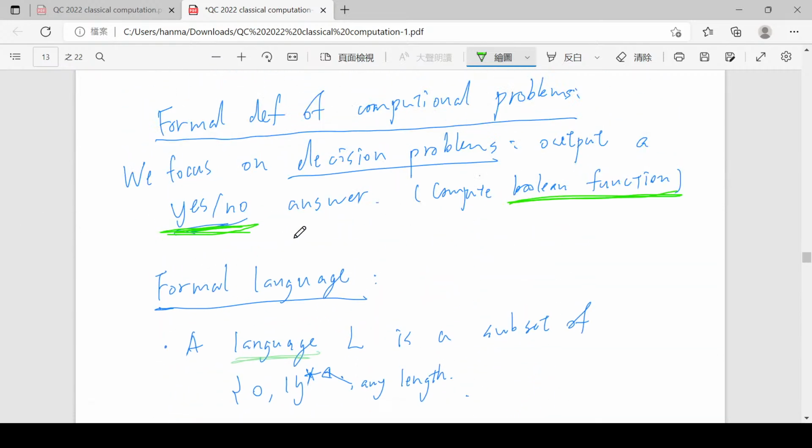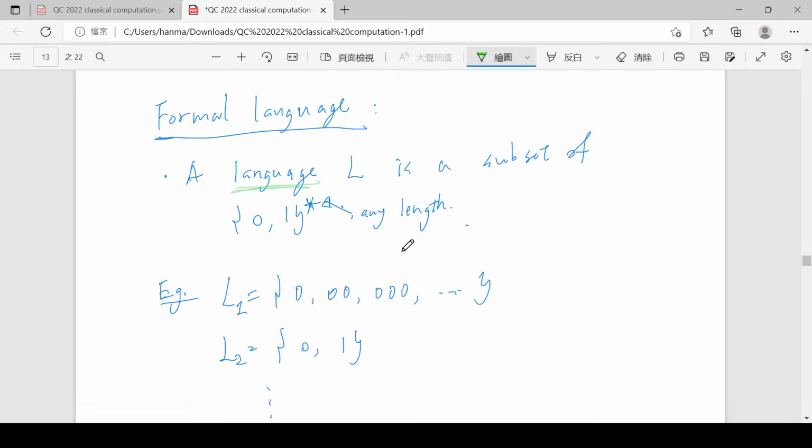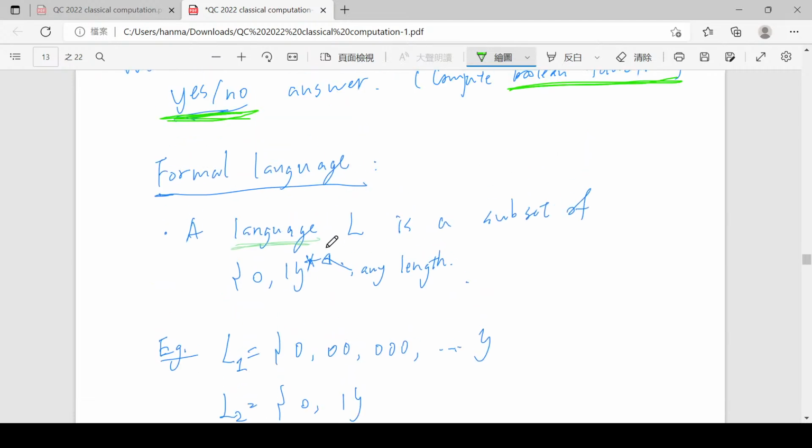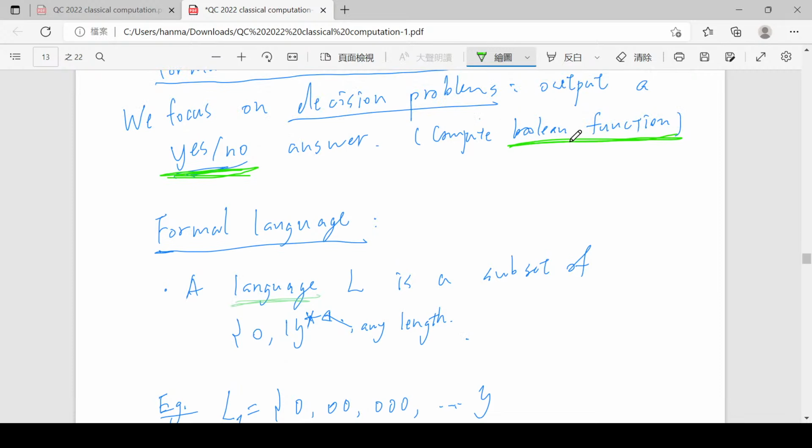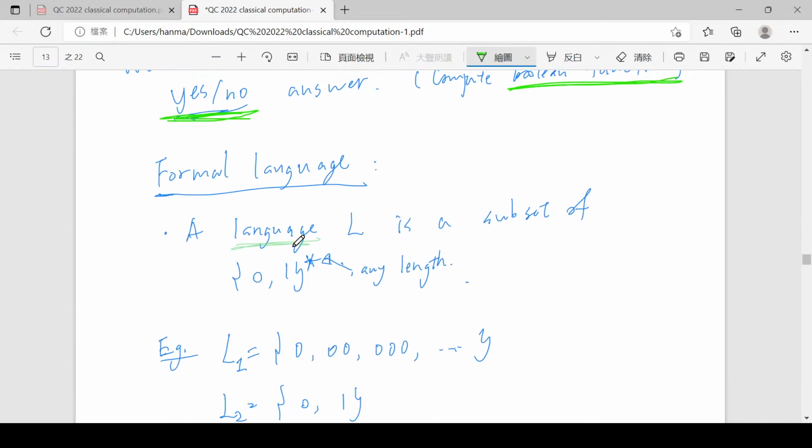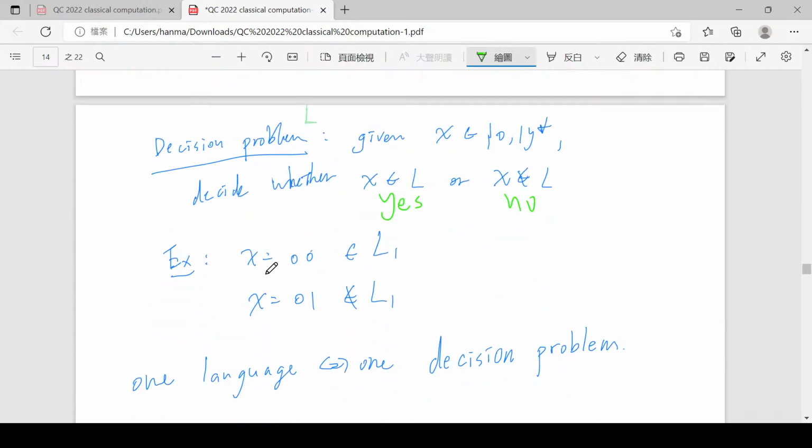So you can see that this formal language is actually just the idea of you put the inputs of all sizes together, and you label them as output being 0 or 1. So output is 1, then you put them into this subset of language, and the complement of this language is all the input that give output 0. Okay, so maybe easier to see this example.